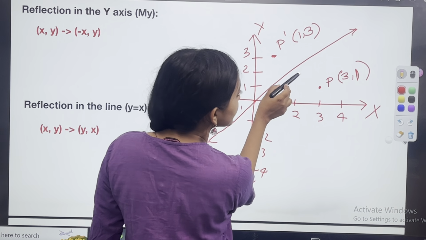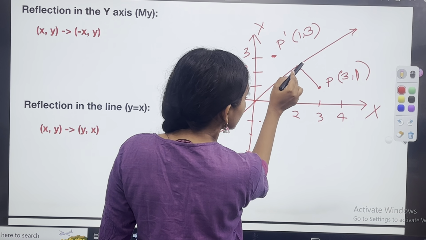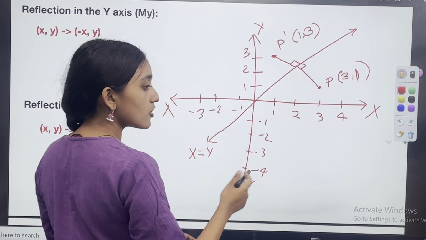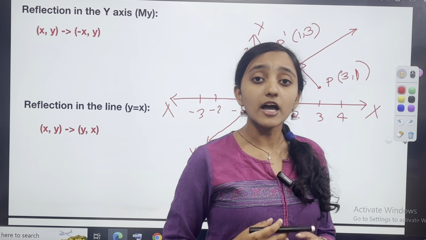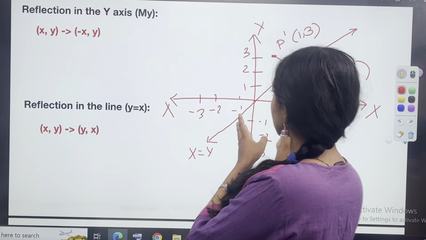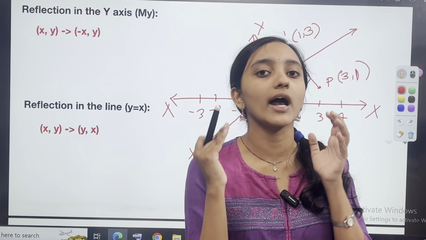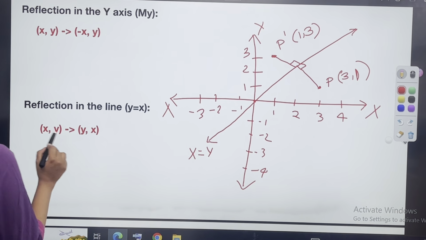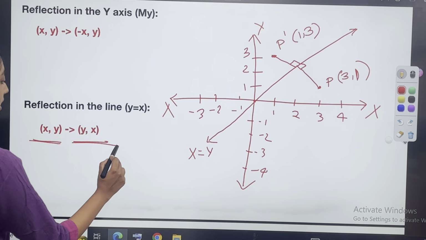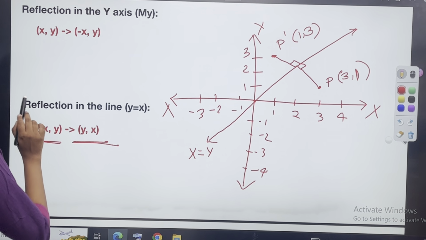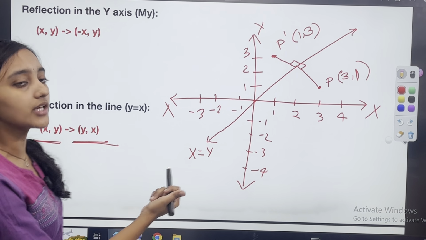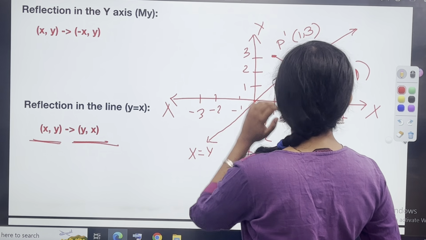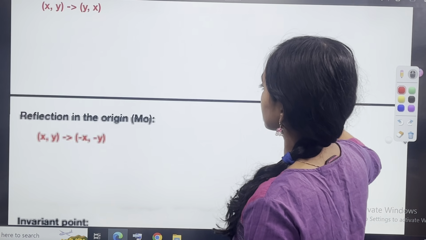Can you see this? Whatever is the perpendicular distance from here to here is the same perpendicular distance from here to here. Of course, because it's not according to scale, I have not been able to show you exactly. It does not look very similar, but that is how it is when you're actually drawing it in a graph. So basically what you need to remember, if it is x comma y, it becomes y comma x. It just gets interchanged. That's what you need to remember if it is along the line y is equal to x.